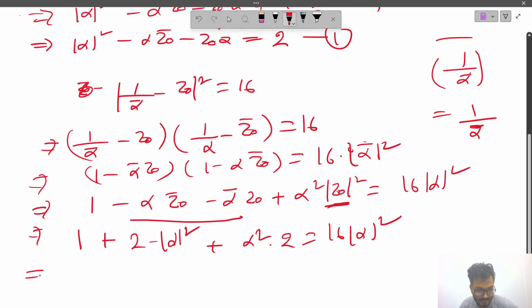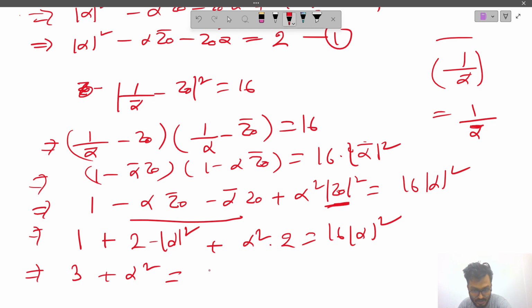So what we get implies that 3 + α² = 16α² - 2α², that means 14α², 15α². So 3 + α² = 16α².